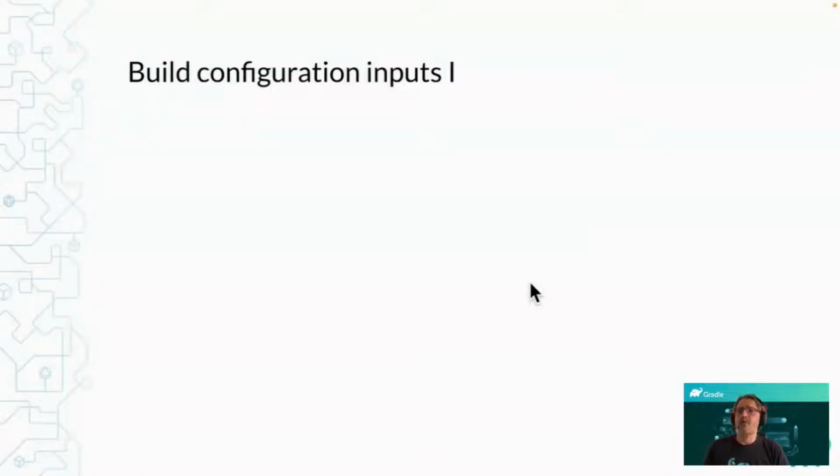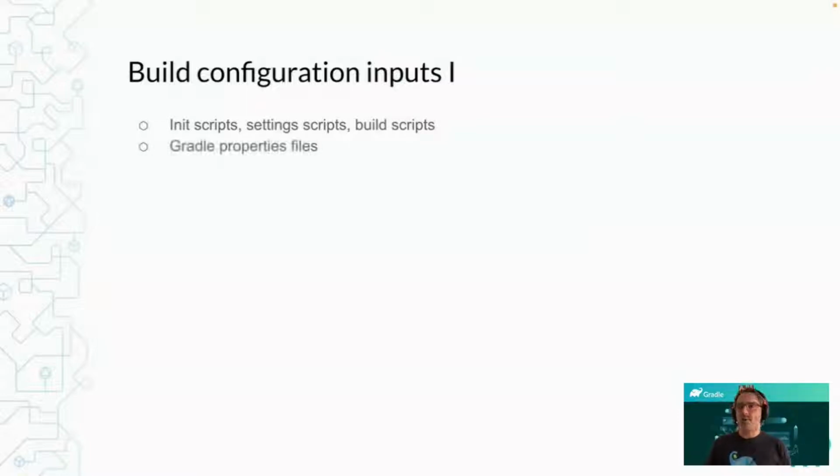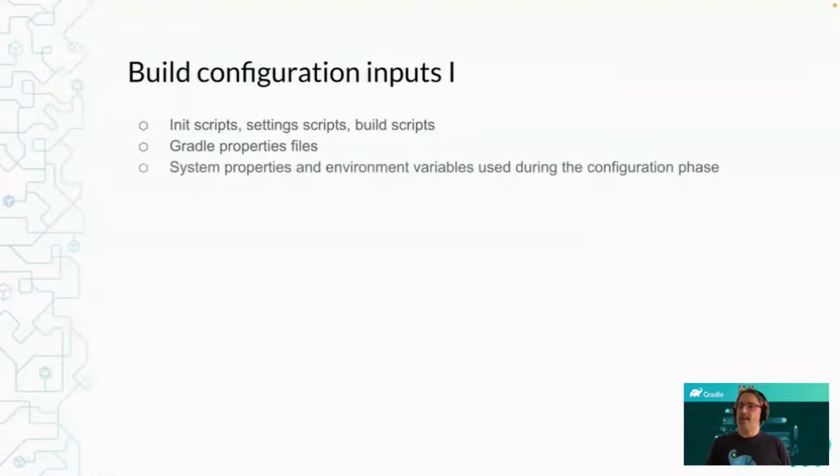So what are build configuration inputs? Build configuration inputs are everything that would contribute to or affect the configuration of your build and finally of the execution graph. So we can think of init scripts, settings scripts, build scripts, Gradle properties files, system properties, and environment variables that are used during the configuration phase, configuration files like dependency verification metadata, things like that.